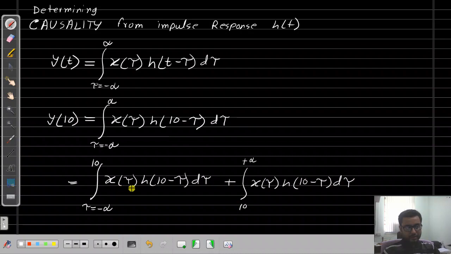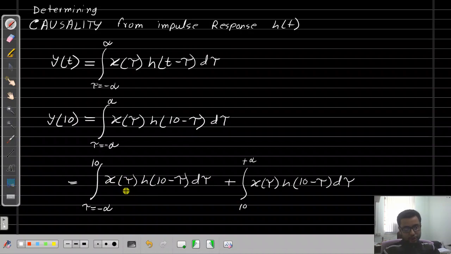Now here the integration is over minus infinity to tau, minus infinity to 10. So the values of x at 10, 9, 8, 7, 6, 5, those values will be required to calculate this integration.